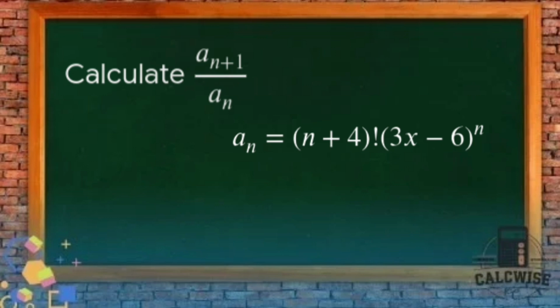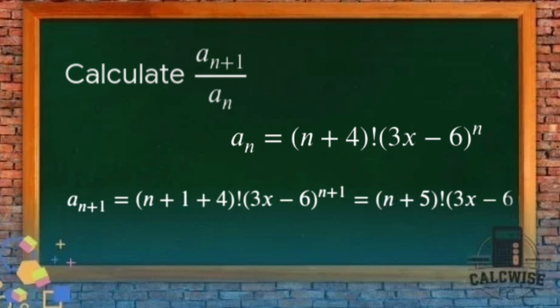Next, we're going to find the value of a sub n. And here, the value of a sub n is this original equation: (n plus 4)! times (3x minus 6)^n. And in this equation, we're going to use the ratio test, which is the limit of the absolute value of a sub n plus 1 over a sub n as n approaches infinity.